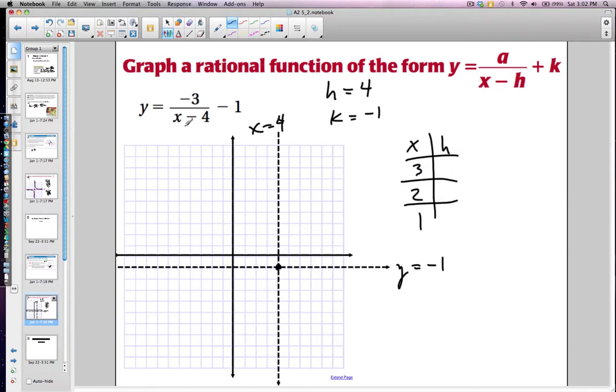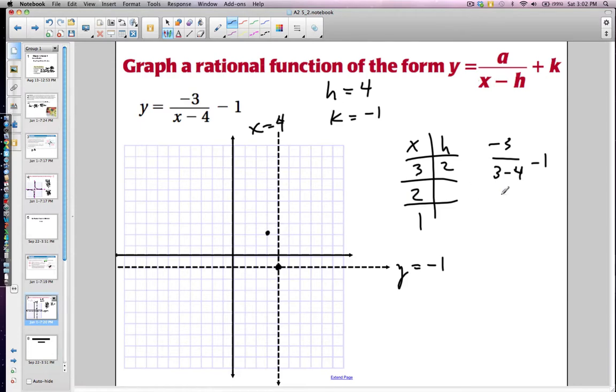So when I plug 3 in here, I'll have -3 over 3 minus 4 minus 1. So 3 minus 4 is -1. -3 divided by -1 is 3. And 3 minus 1 is 2. So at this point I'd be at 1, 2.